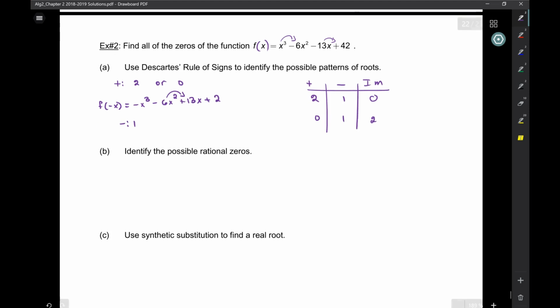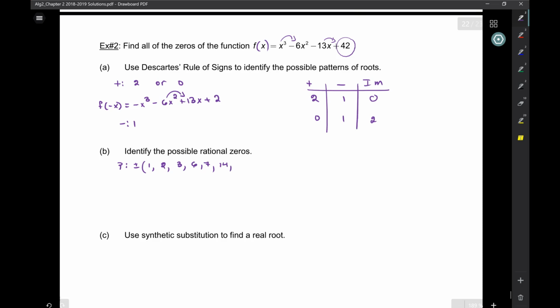So let's identify the possible rational zeros. For P, I'm going to take the factors of 42, plus or minus 1, 2. I know you guys know how to do this. Is 4 a factor of 42? No. 6 is though, right? 7. What else? 3 times what is 42? 14, good.